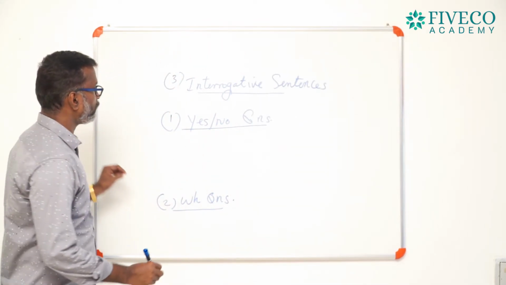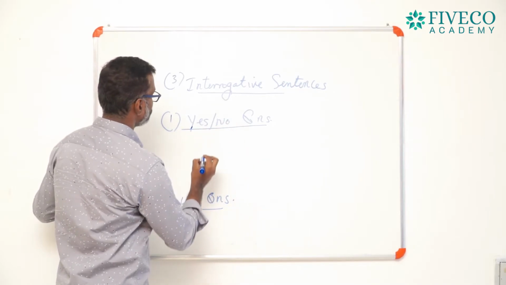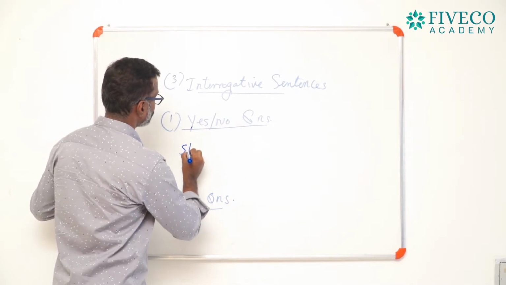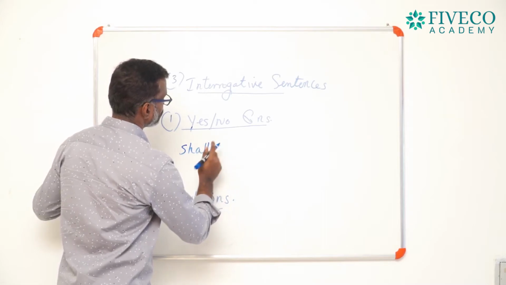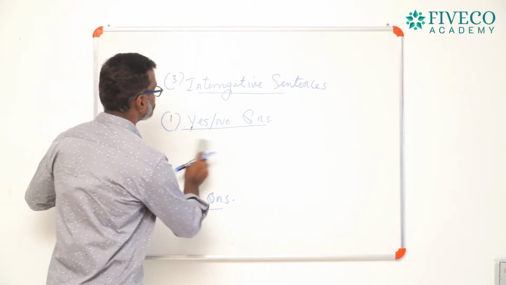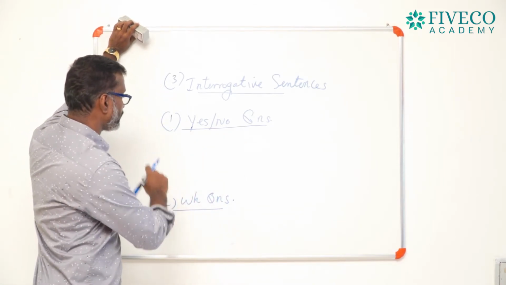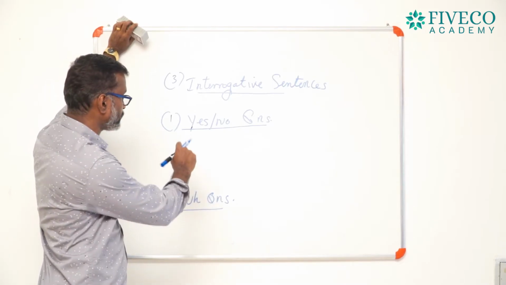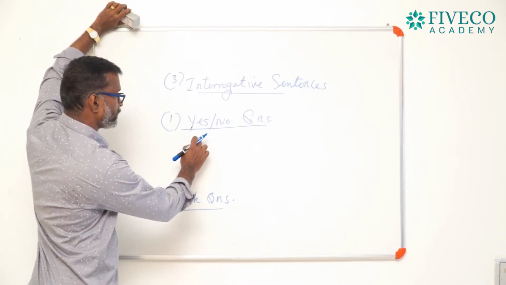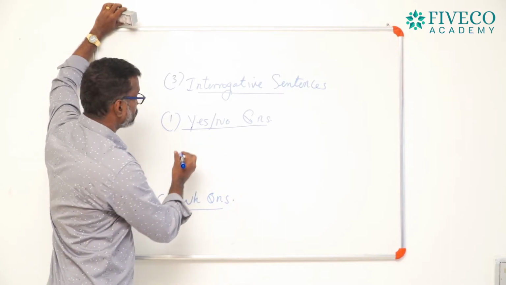And for example, yes or no question. Okay. Yes or no question, and I shall explain the WH question also, then you can see. This yes or no question has what we call a formula.